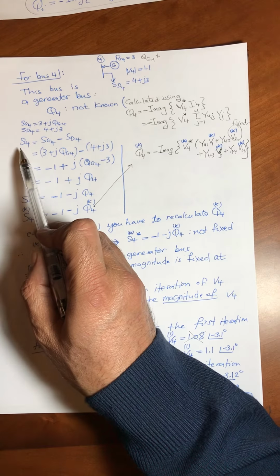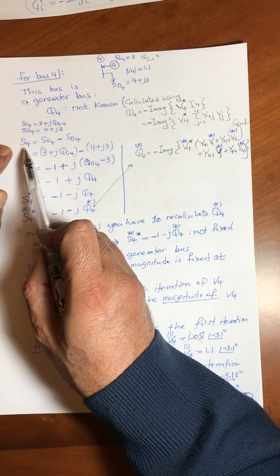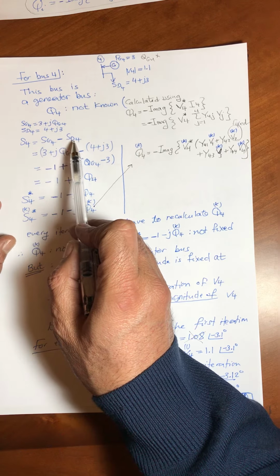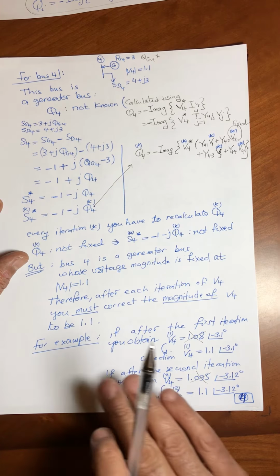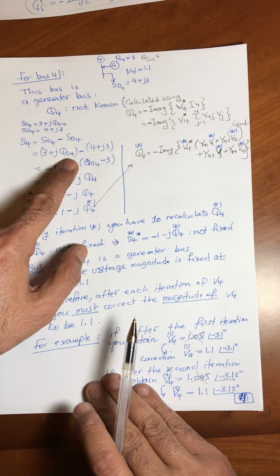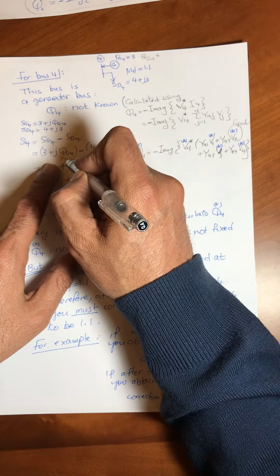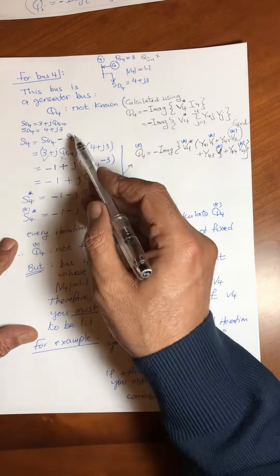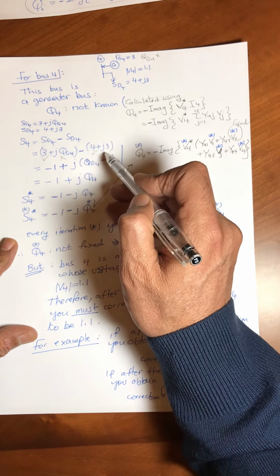So when we find the net injected complex power at bus 4, it's the generated complex power minus the demanded complex power. So it is 3 plus JQG4, that we don't know. This is not known. This is known. And S demand at bus 4 is known.